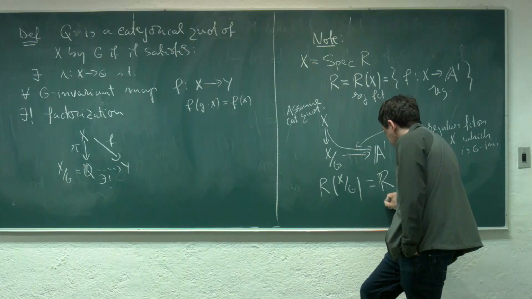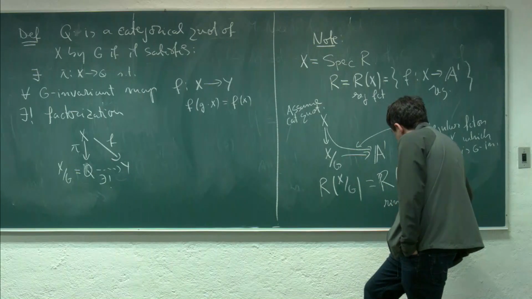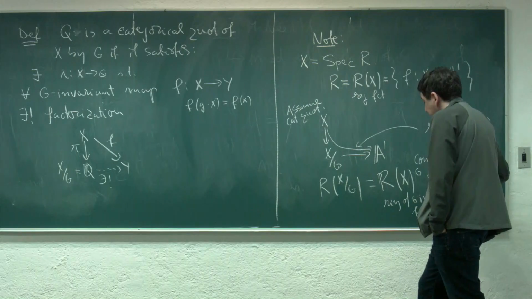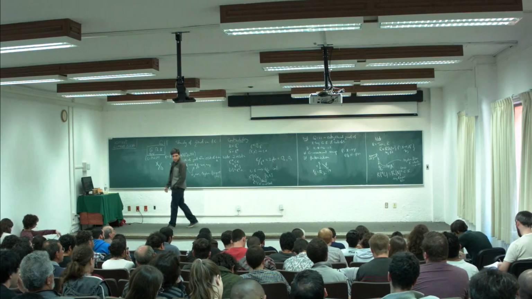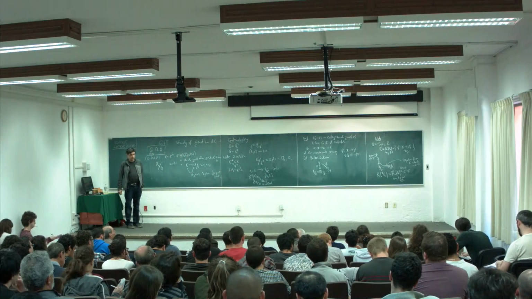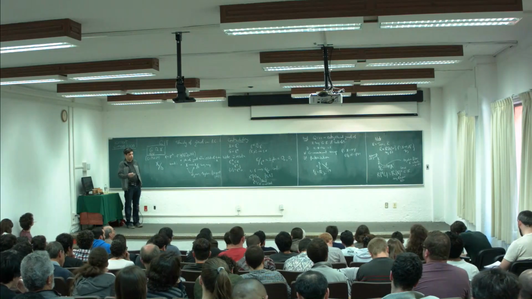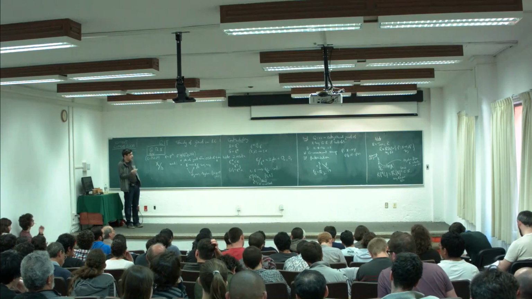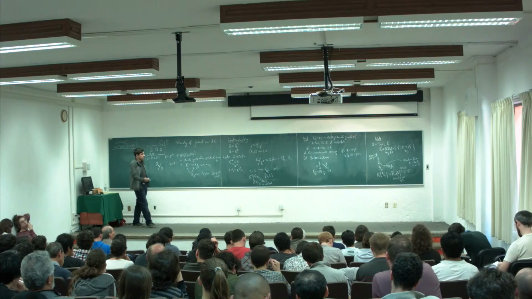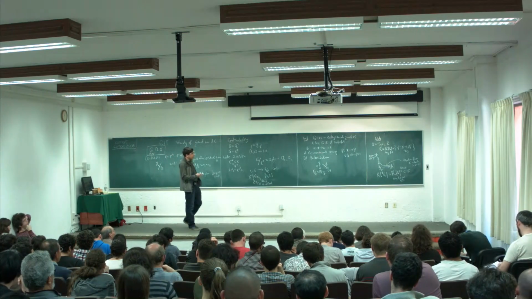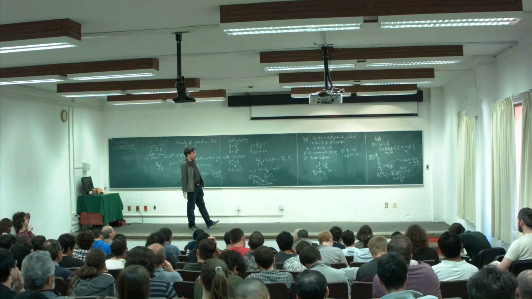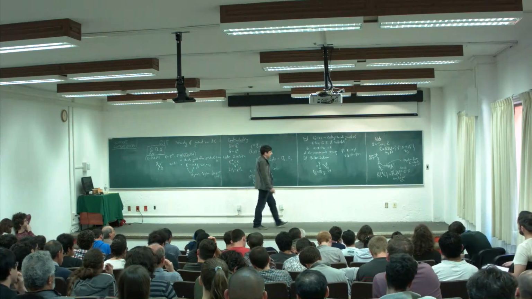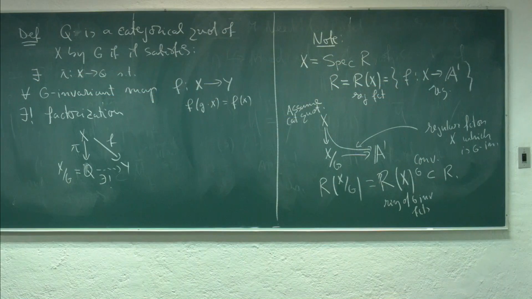This is the ring of G invariant functions, and this is inside R. So if I have a categorical quotient and I want to go from categorical to something more concrete, I can look at the affine case, and it's immediate to see that if a categorical quotient exists, it has to be the ring of invariant functions.